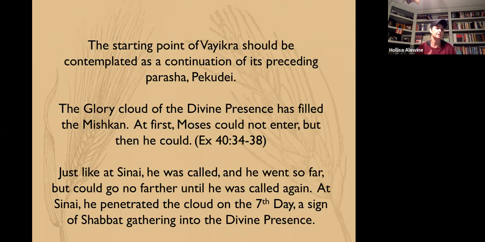For 6 days, he's on pause, which makes me wonder if I hit the record button. Surely I did. He's on pause for 6 days. But then on the 7th day, he's called on up. He can go on up the mountain. He can penetrate that divine cloud. So folding into all this, what does it mean to be called?